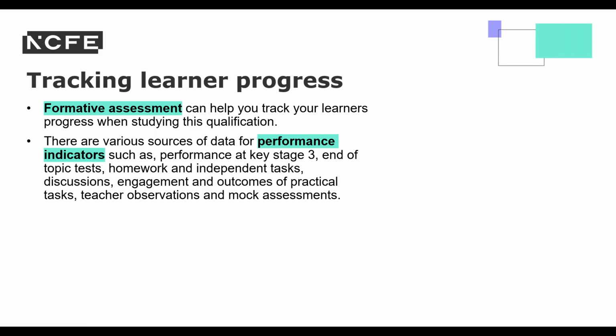There are various sources of data for performance indicators, such as performance at Key Stage 3, end of topic tests, homework and independent tasks, discussions with learners to assess their depth and breadth of knowledge of the subject content, engagement, and the outcomes of practical tasks using the NEA practical assessment criteria, teacher observations and mock assessments.